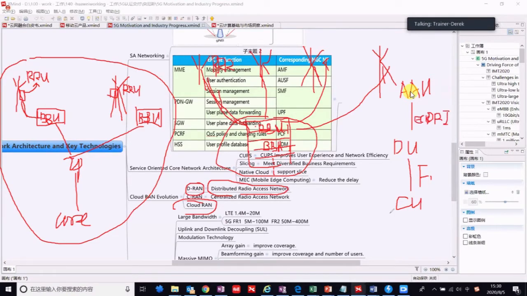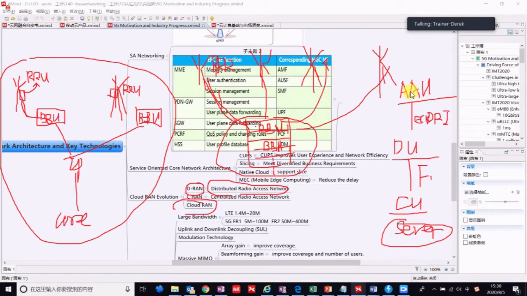This mode, CU, DU and AAU, is the Cloud RAN. Maybe in the future 5G will use this mode. The CU will be deployed on the server, and CU means centralized unit.